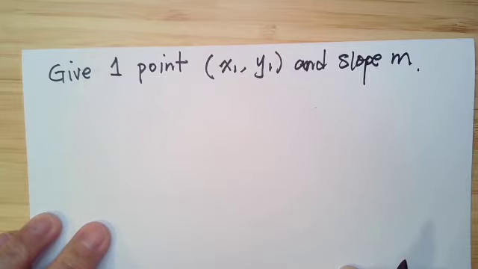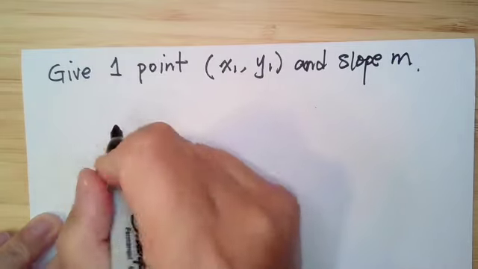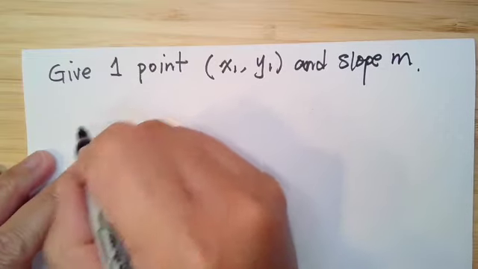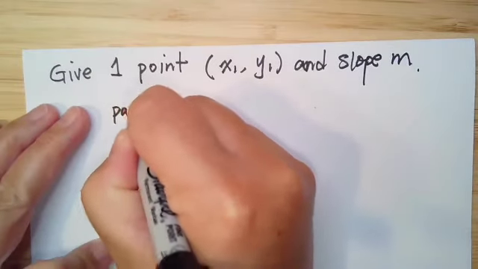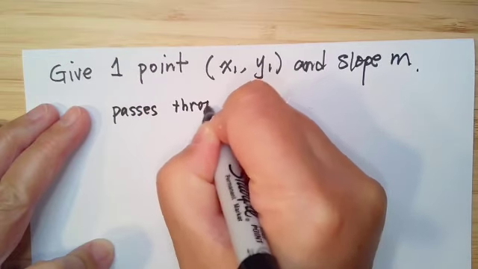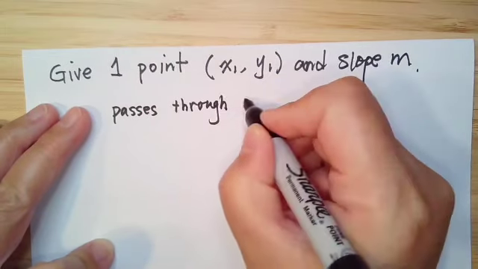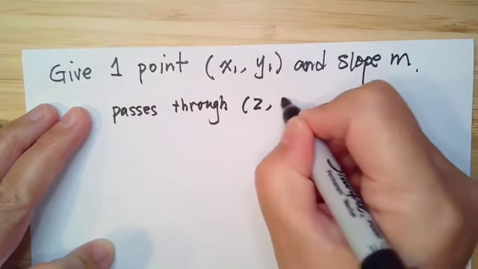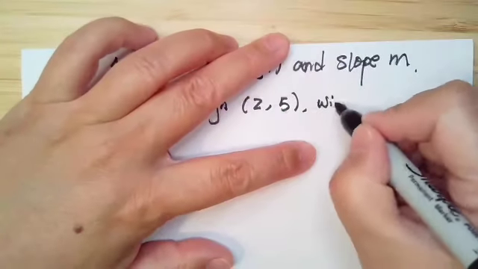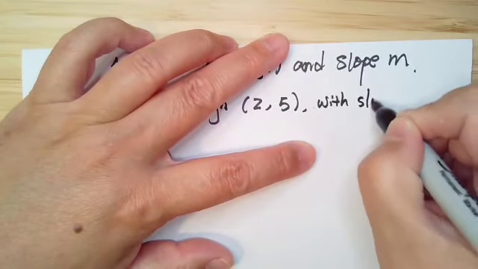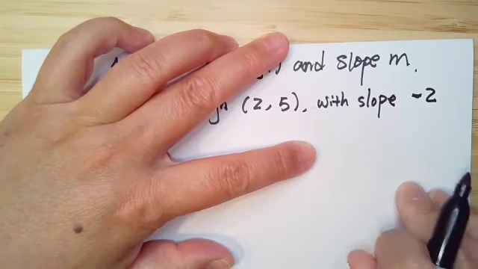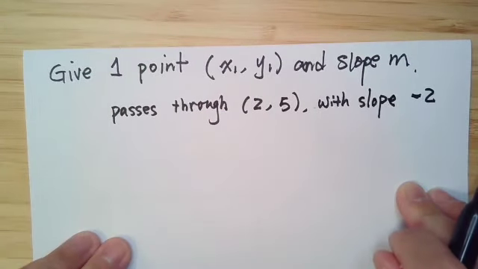For example, if I give you a line that passes through the point (2, 5) with slope -2, can you write the equation?